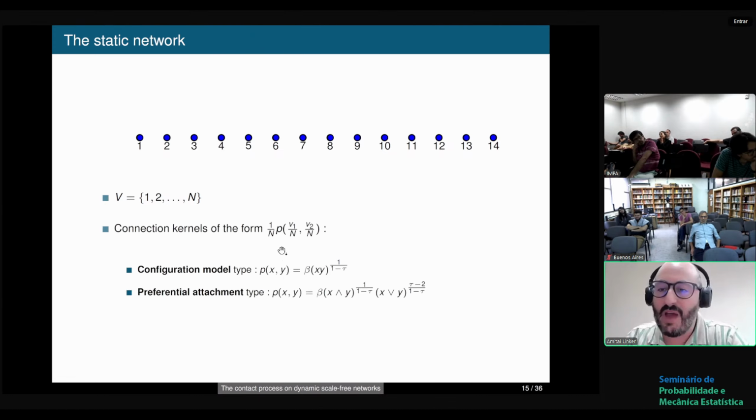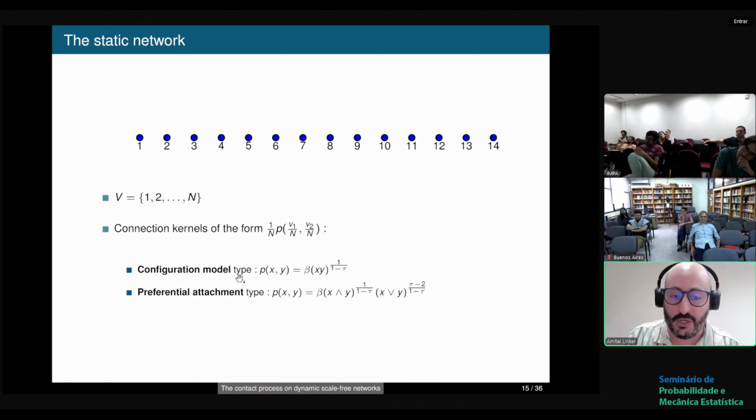Okay, and then you define connection kernels, right? And we consider two connection kernels. Actually, we consider a little bit more, but these ones are the important ones. This is the configuration model type, in which any two vertices, when normalized by n, you just take the product raised to this power over here, which is negative.